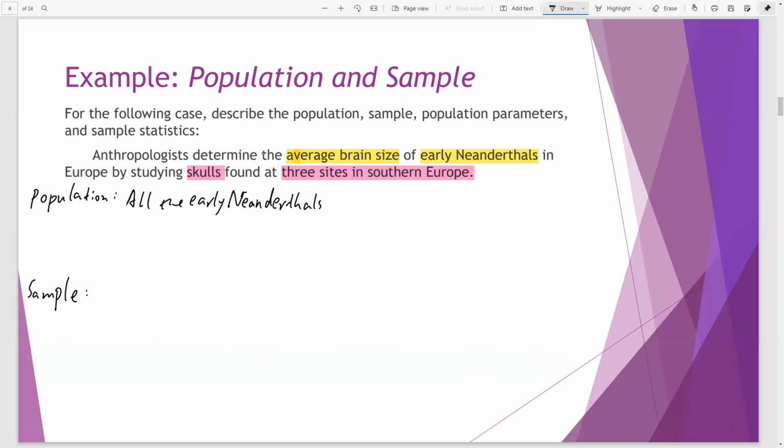We're saying their brain size is averagely like Einstein's, but it's based on just the sample we get from those three sites, right? Those are all the sites, but we are not sure, right?